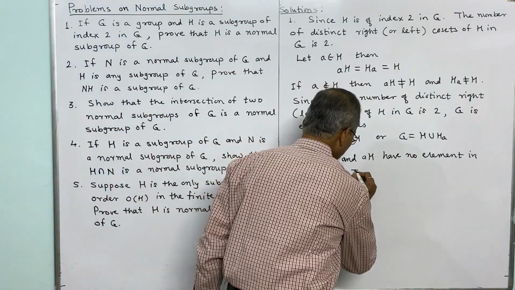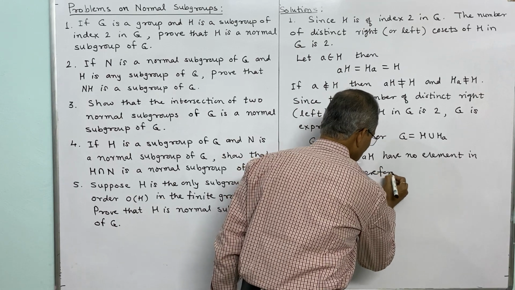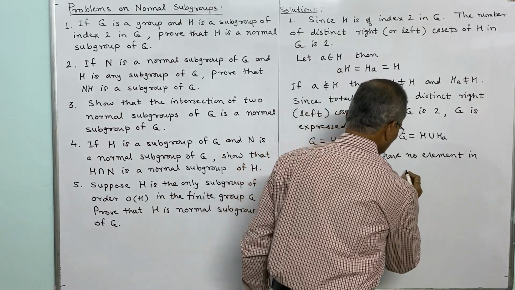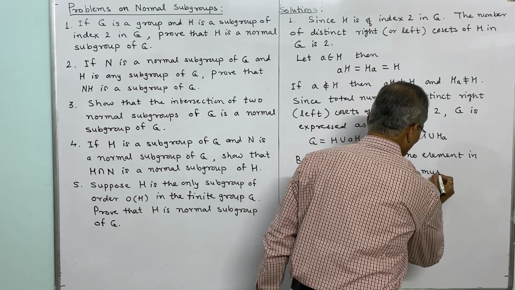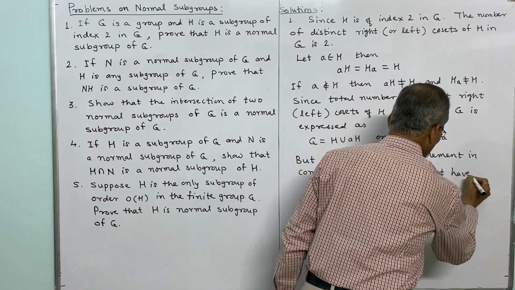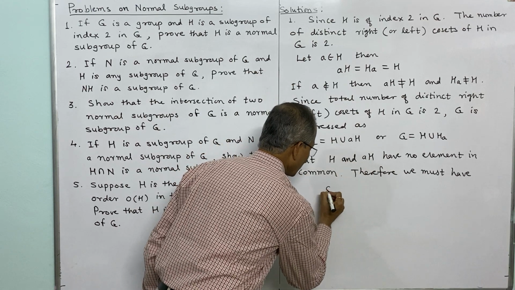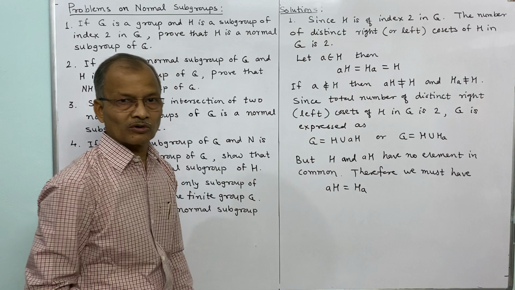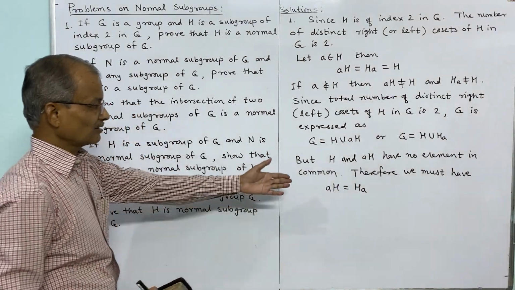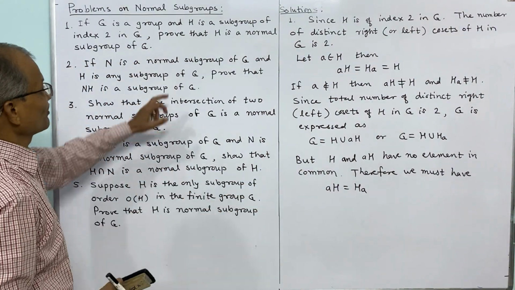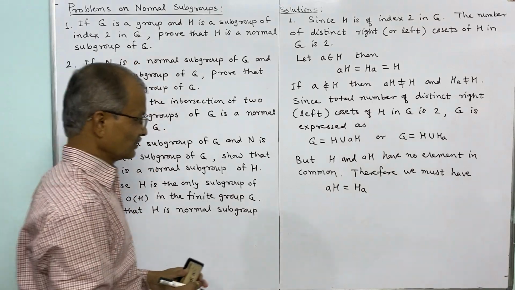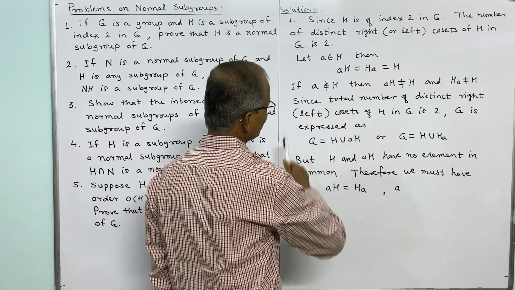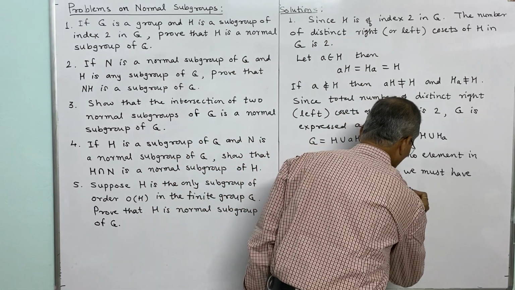Therefore we must have this aH is equal to Ha. That is, left coset is equal to right coset. And this proves that H is normal. H is normal subgroup of G. So this is, a does not belong to H, but a belongs to G here.